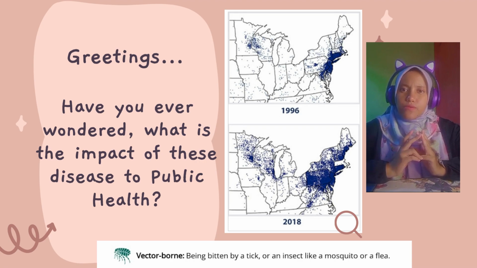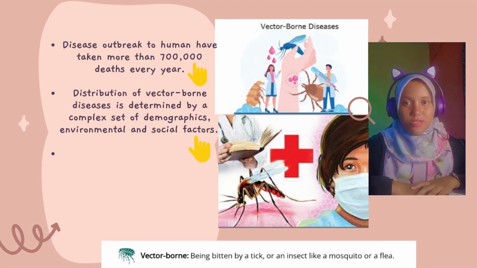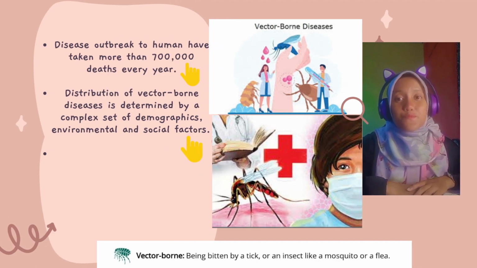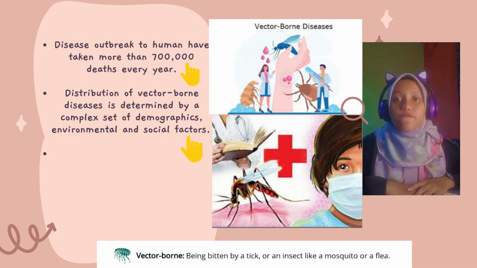But right now, have you ever wondered about the impact on public health that happens because of vector-borne disease? During my research, I found a few pros and cons for public health. Vector-borne disease is a disease that causes outbreaks in humans and takes more than 700,000 lives every year.